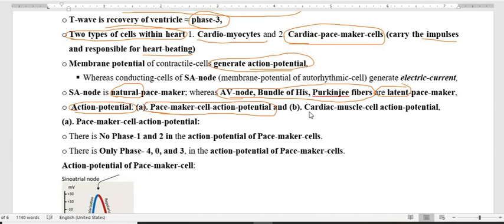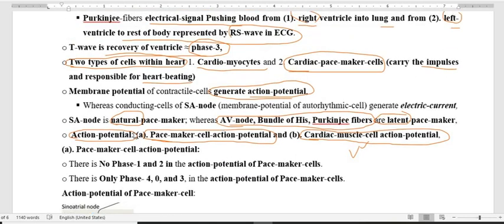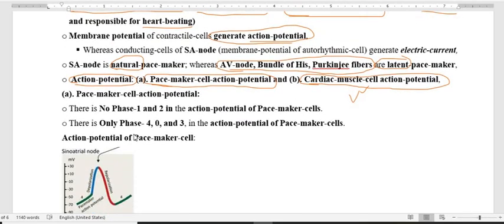In the cardiac myocyte, the action potential we call the cardiac muscle cell action potential, and we represent this mainly in the ventricle. The action potential in the ventricle, particularly of the cardiac muscle cell, is totally different from the action potential generated in the pacemaker cell. So let us start with the action potential of the pacemaker cell.